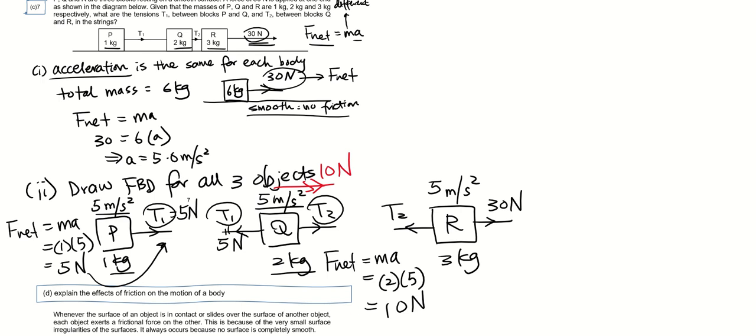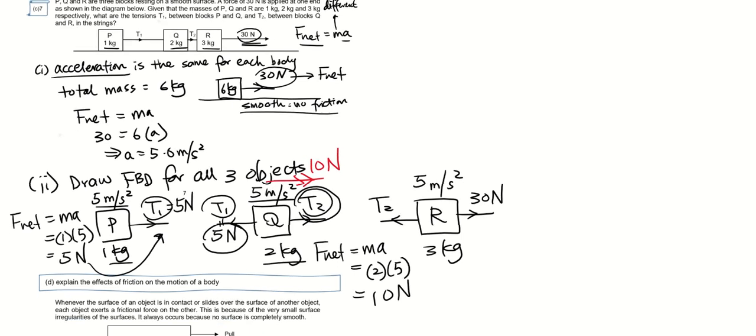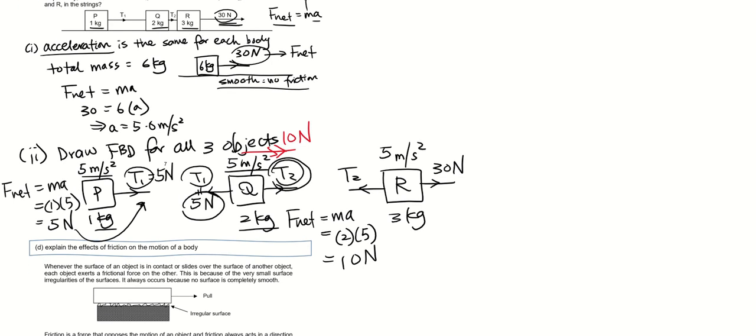So if the F net is 10 newtons and T1 is 5 newtons, how much does T2 need to be so that the F net is 10 newtons? We can take T2 minus T1 equals 10 newtons. So T2 will then be 10 plus 5 equals 15 newtons.